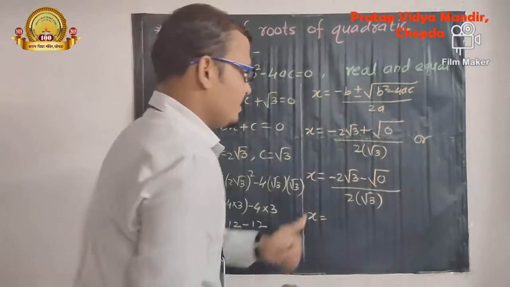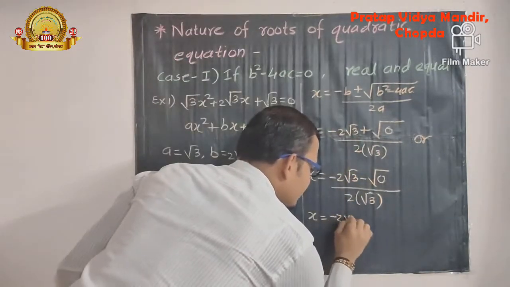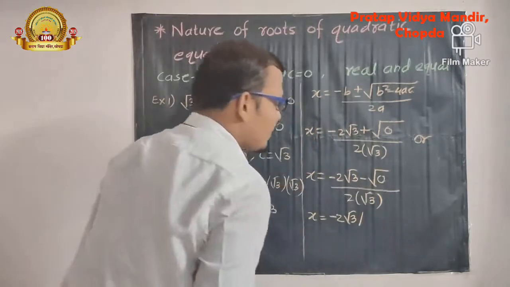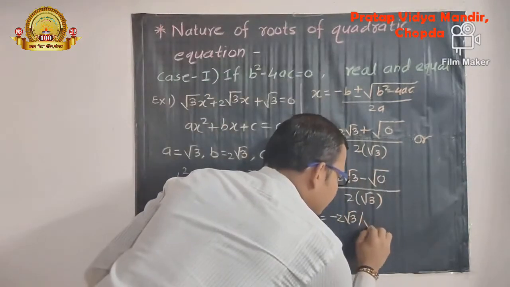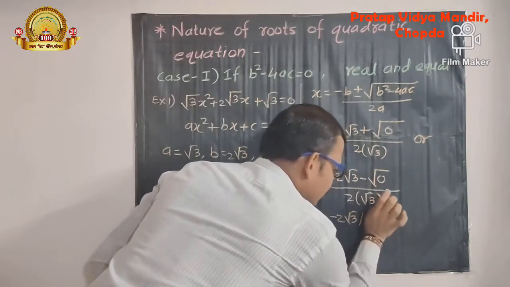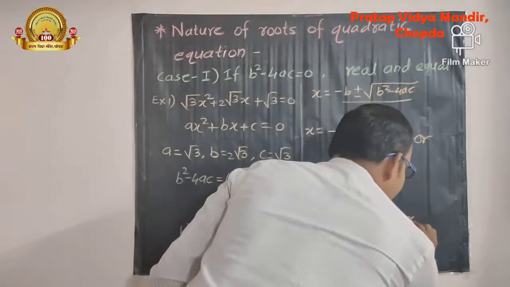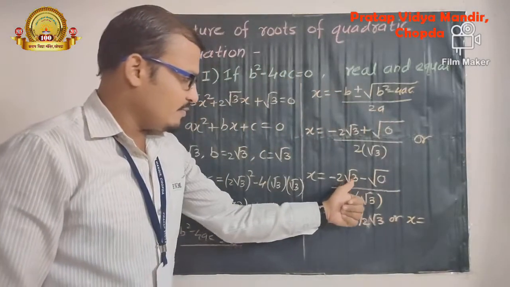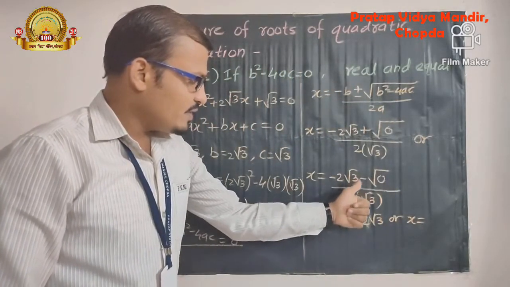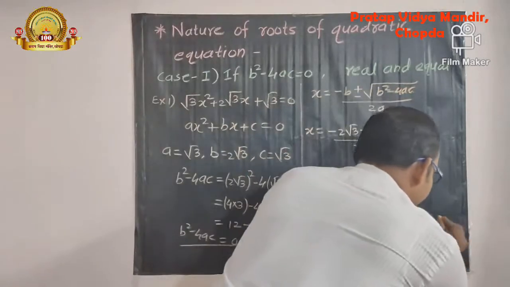And if we solve this, then we get x is equal to minus 2 root 3 upon 2 root 3, or x is equal to minus 2 root 3 upon 2 root 3.